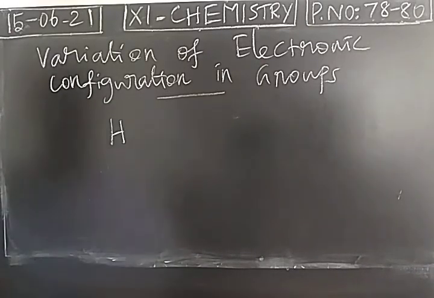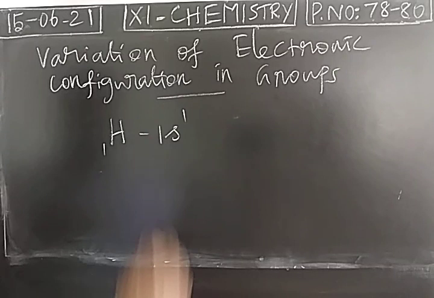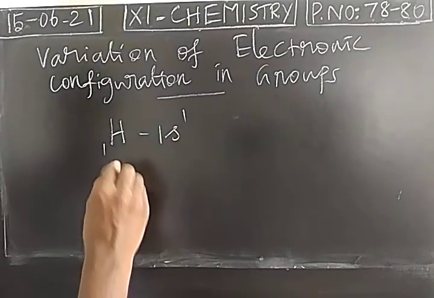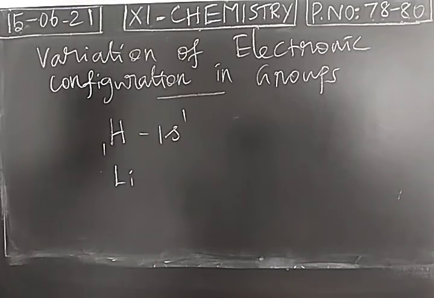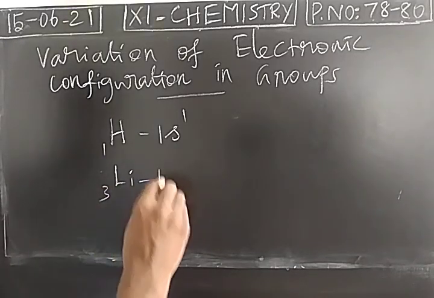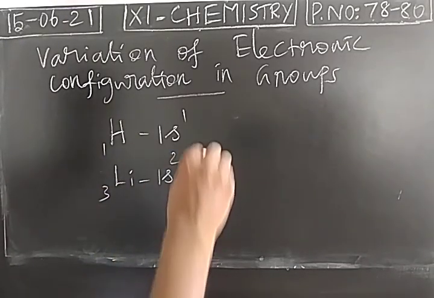You take the element hydrogen, its atomic number is 1, its electronic configuration is 1s1. And you take lithium with atomic number 3, electronic configuration 1s2, 2s1.